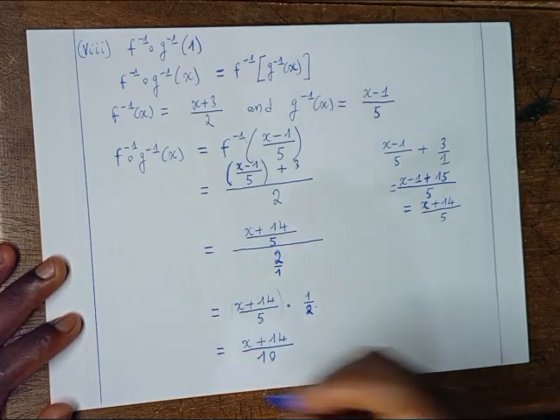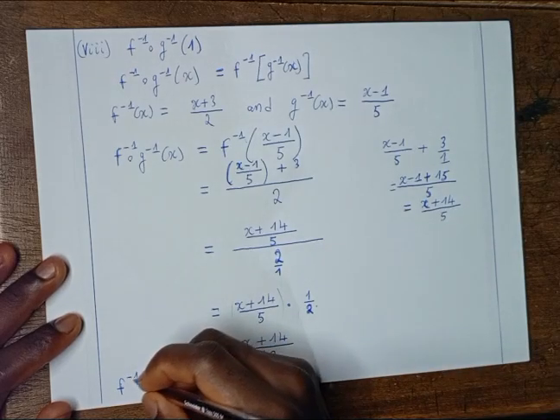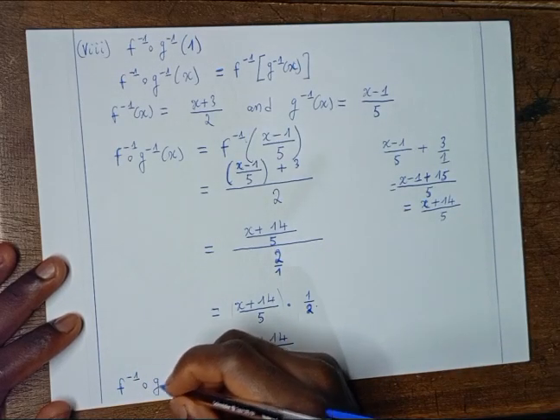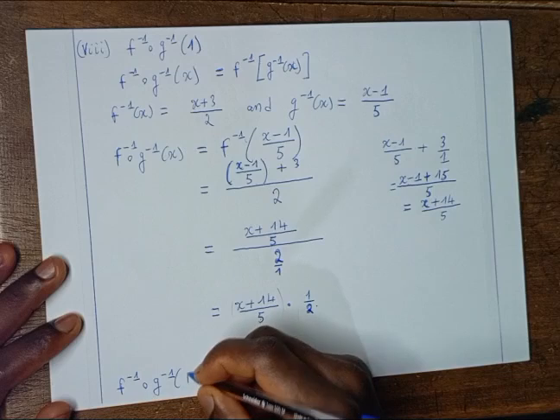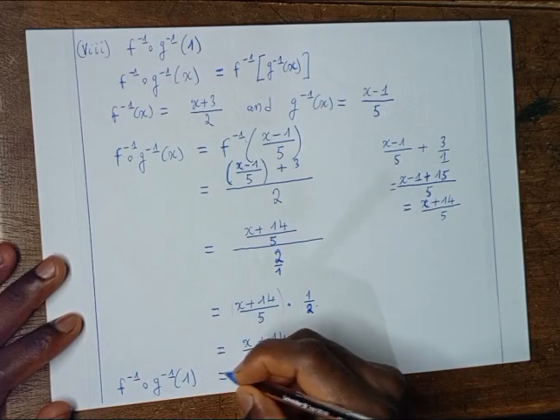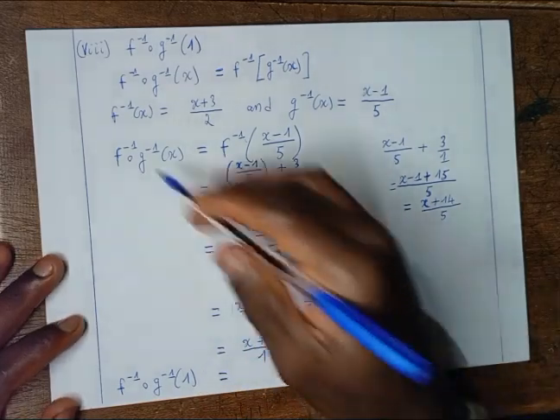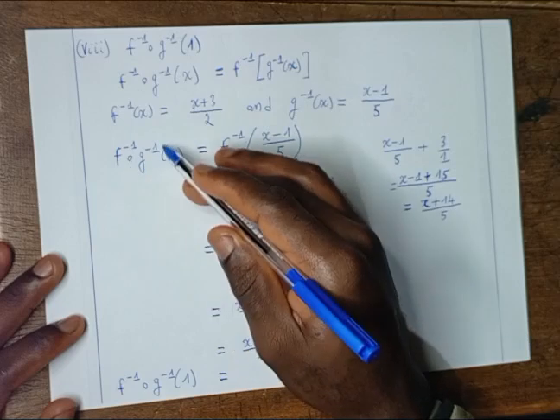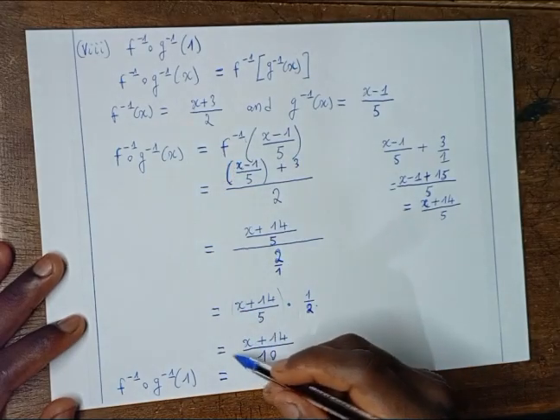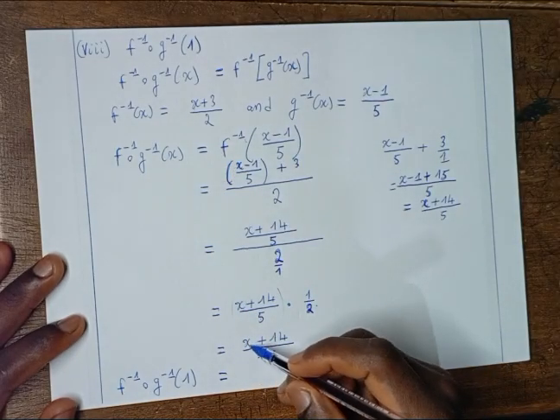Now we can look for f inverse of g inverse of 1. This will simply be equal to, anywhere we see x in the function f inverse of g inverse of x, we are going to replace it with 1.